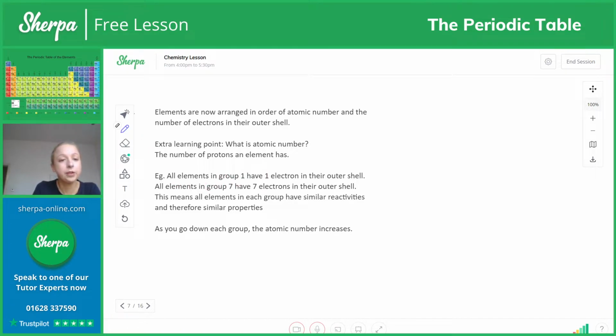So let's read this statement and then we'll refer to the periodic table to understand what I'm on about. So all elements in group 1 have 1 electron in their outer shell. All elements in group 7 have 7 electrons in their outer shell. This means that all elements in each group have similar reactivities and therefore similar properties.